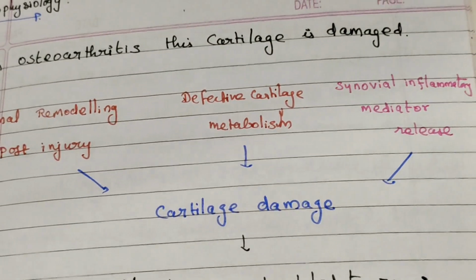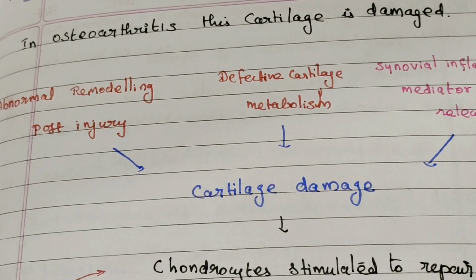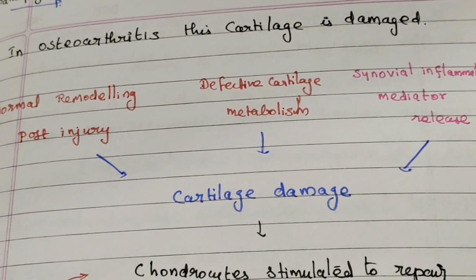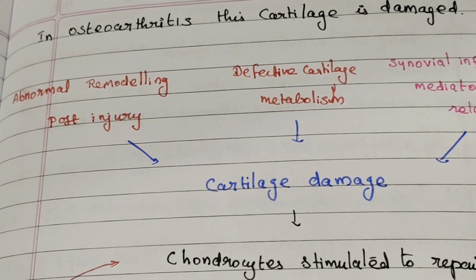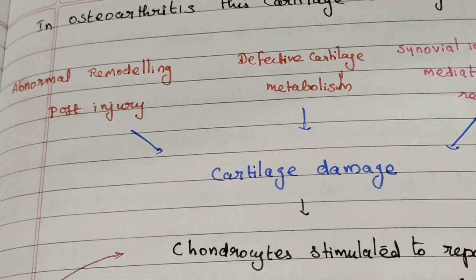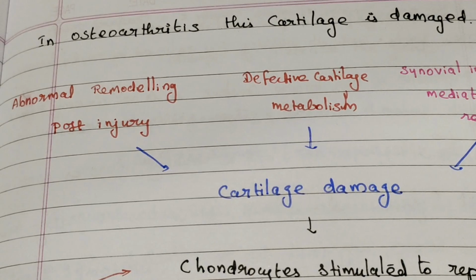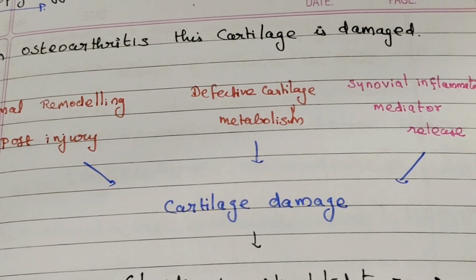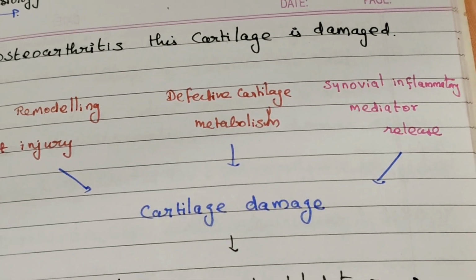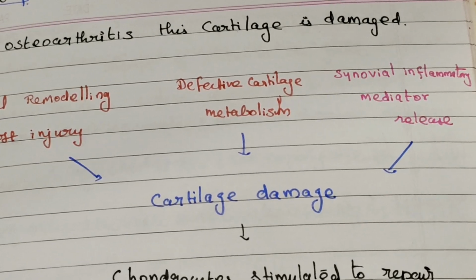Second, inflammatory mediators from the synovium affect the cartilage. Then there is defective cartilage metabolism. So these are the causes: abnormal remodeling post injury, defective cartilage metabolism, and synovial inflammatory mediator release. All of these cause cartilage damage.